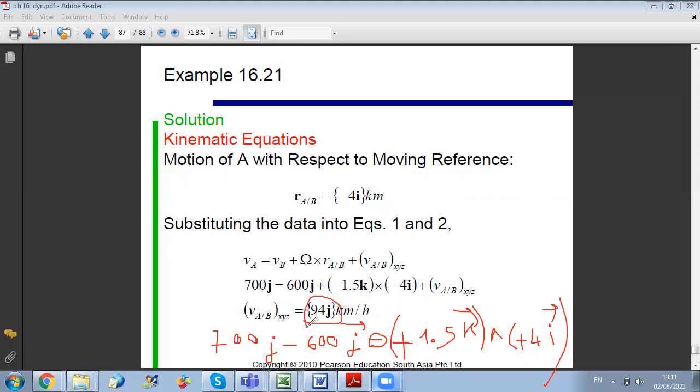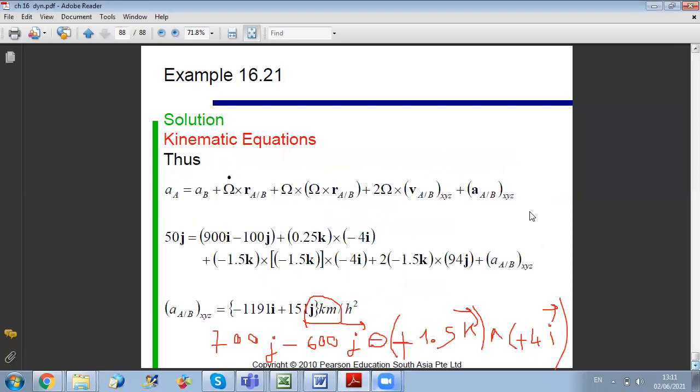Okay. Now for the acceleration calculation, also we start from the general rule, which is absolute acceleration of A equals the absolute acceleration of B plus alpha vectorial BA. This is measured in big X, big Y, big Z. This is the absolute acceleration of A, and this is the absolute acceleration of B. We will find them together.